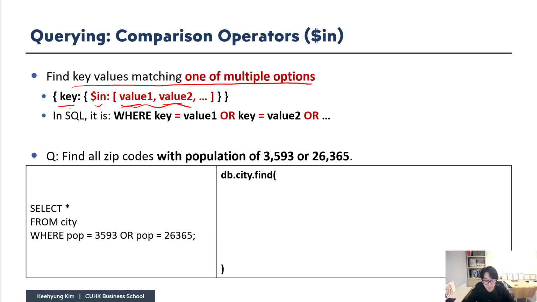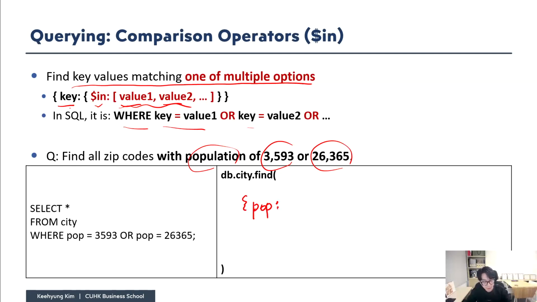In SQL, it can be similar to utilizing the where phrase with the equal sign and the or operator like this. So in this case, if we want to find all the zip codes with a population of this or this, then we can design the query like this. First of all, what we are comparing is the population, so we specify that first.